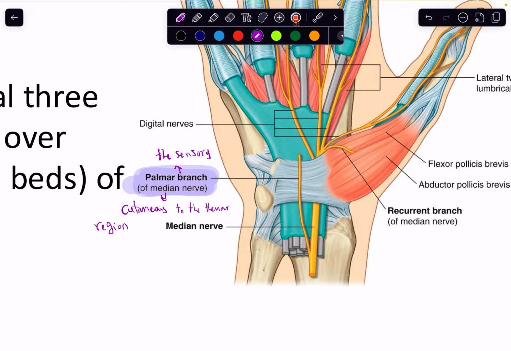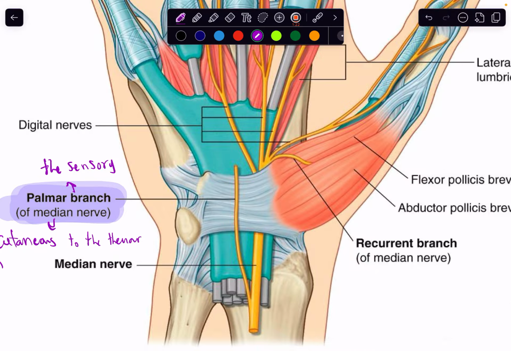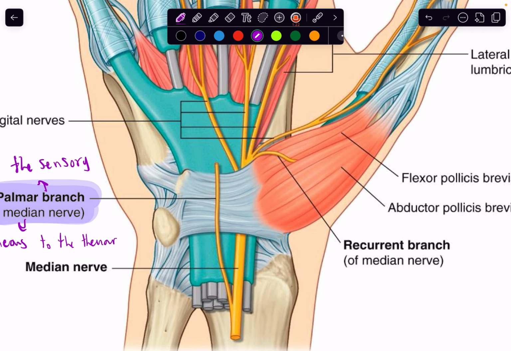The problem comes with the main nerve going below the tunnel, compressed, and as this nerve comes out, it gives a recurrent branch. The recurrent, I told you, is like when you have crossed your destination, you think, oh, I have to go back. So you make a U-turn, right? This nerve has passed the thenar, but then says, oh, I have to supply the thenar muscles. So it comes back.